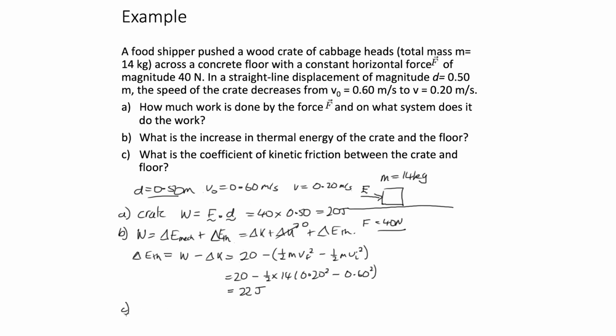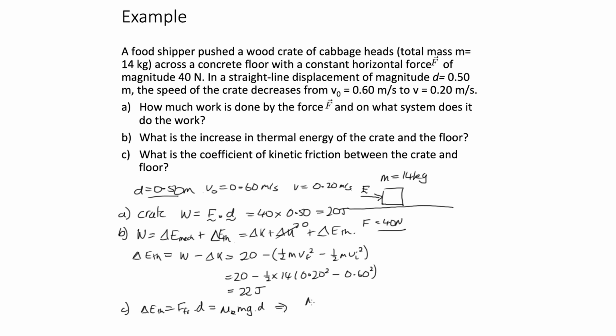So part C then asks, what is the coefficient of kinetic friction between the crate and the floor? So this 22 joules goes into work overcoming that frictional force. So I've got that my thermal energy is equal to my frictional force times the distance, and that's equal to mu k times mg times d.